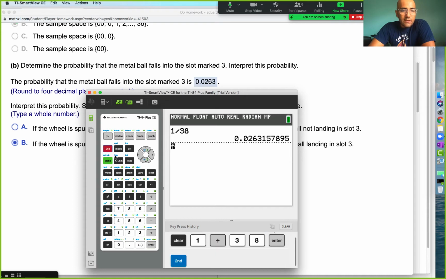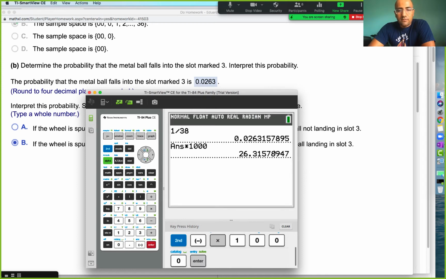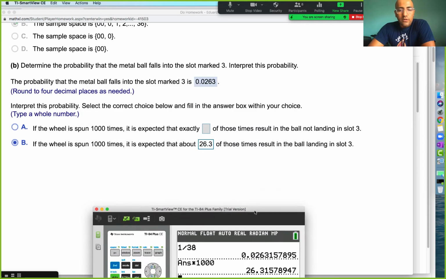If you hit second and then ans, it'll do the previous answer. We multiply that times 1,000, and we get this. So 2.63% of 1,000 is about 26.31, and this says round to the nearest whole number, so we're just going to put about 26.